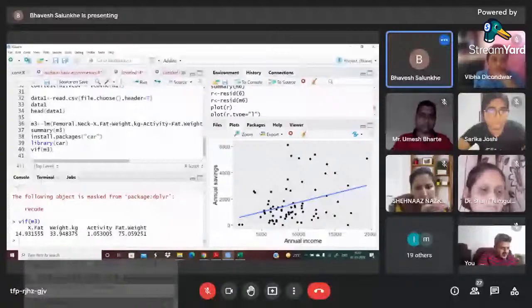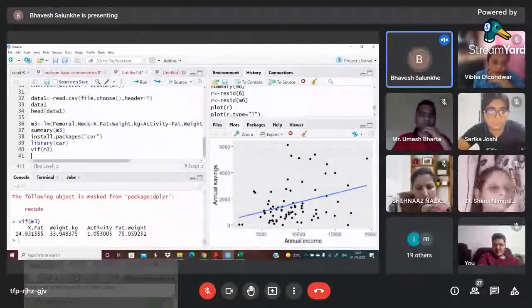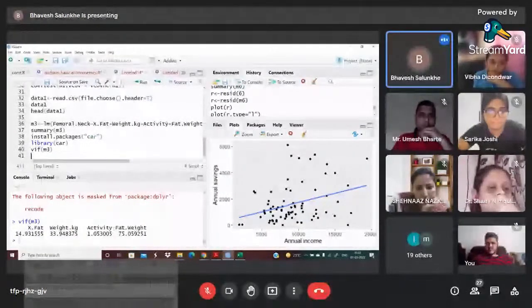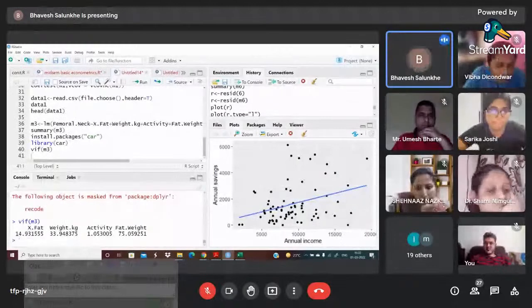You get R square from that regression, and that R square is nothing but this value 33.94. Similarly, for fat, 14.93 is the R square from regressing fat on weight, activity, and fat into weight. Okay, so ideally, what should we do? Should we omit these variables or let these variables be in the model?